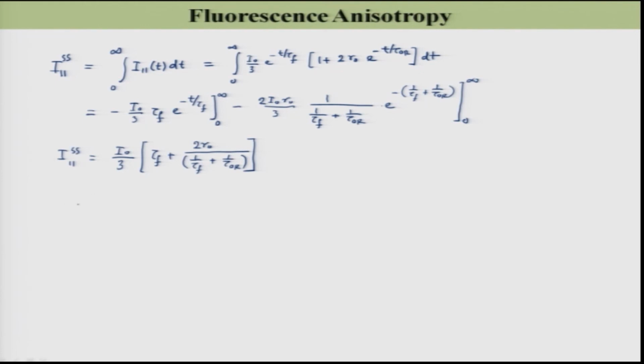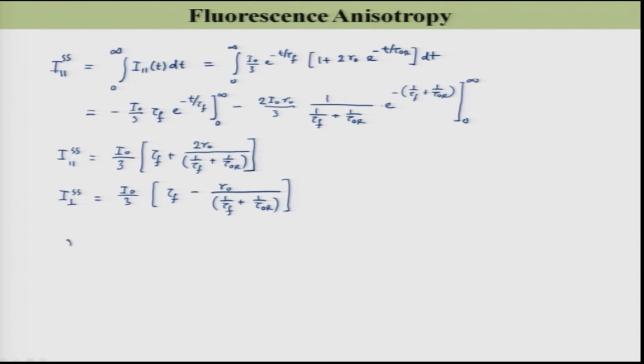Now, similarly, I can also calculate the I perpendicular steady state. Similarly, you will get I 0 by 3 into tau f minus r 0 divided by (1 over tau f plus 1 over tau r).